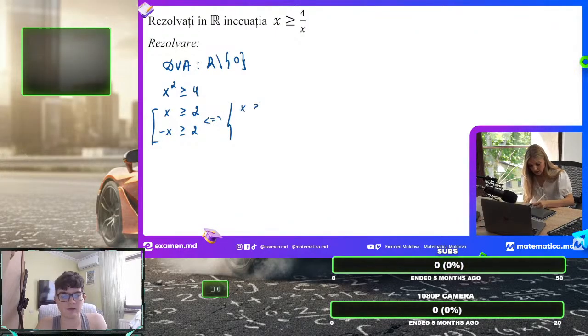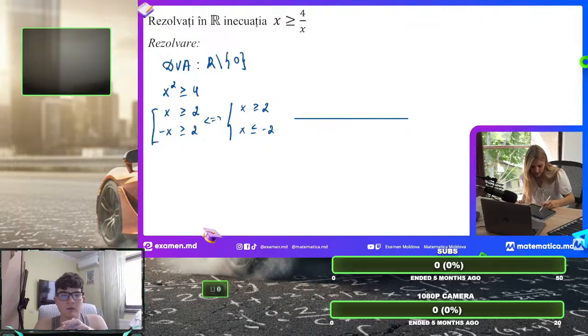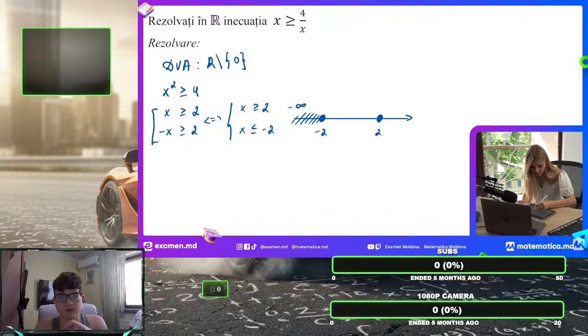So we've got that. 2 like that, and right here we got the negative sign and this sign, so we just flipped and put a minus 2 right there. And now we're just going to place this on an x axis, with colored circles, both. Okay, so from 2 it's going to plus infinity, and minus 2 just the opposite.